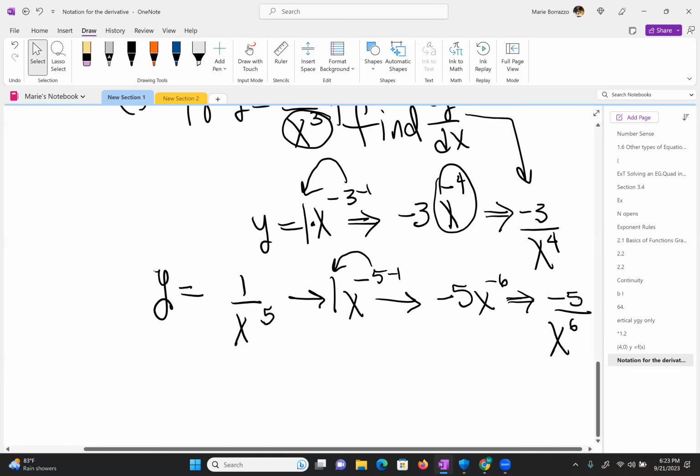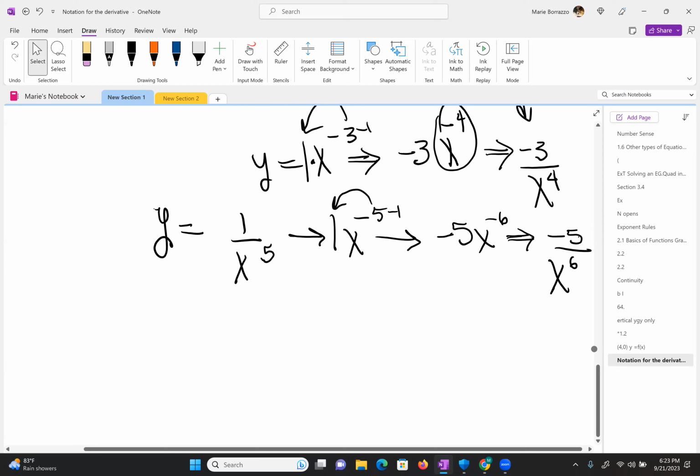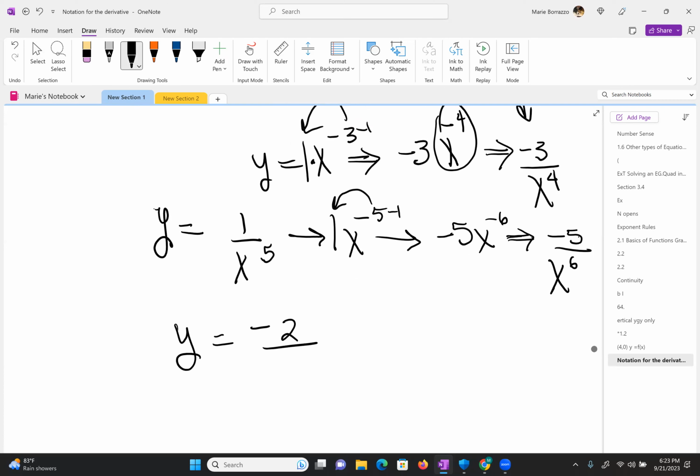Make sense or no? Yes. One more, just in case, okay? So what do we have, y equals negative 2 over x to the 7th? First step, this is negative 2 times what?